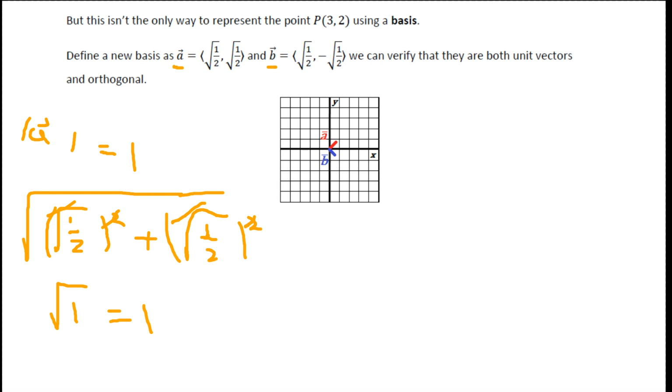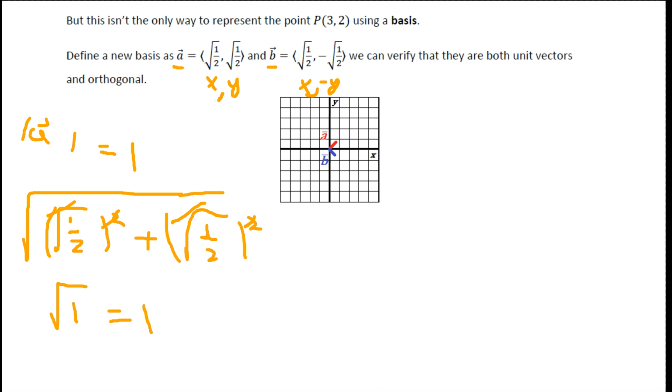We're also going to be able to verify without too much difficulty that these are orthogonal. Again, what would we do to show that? Consider vector a is the ordered pair (x, y). b would be the ordered pair (x, -y), the same x component, but negative y.